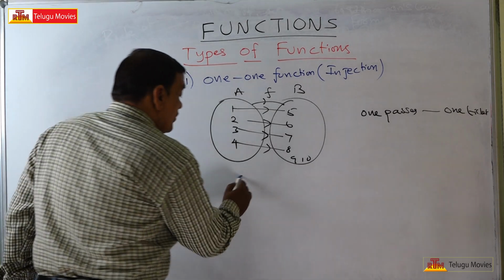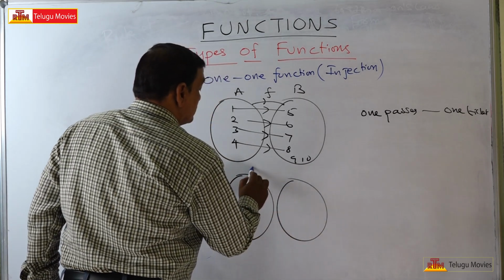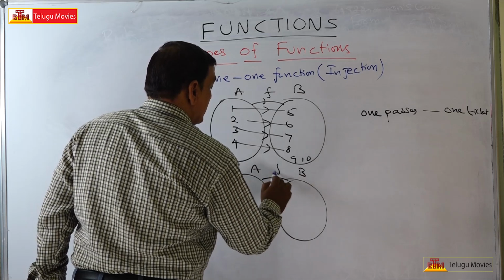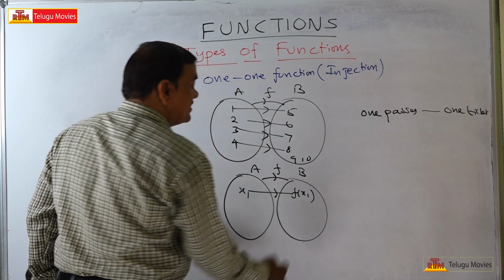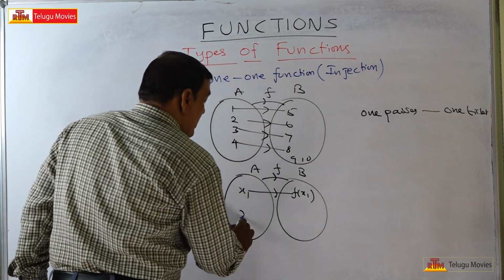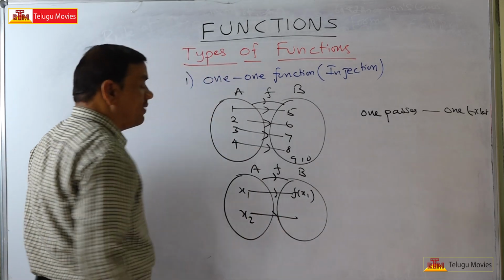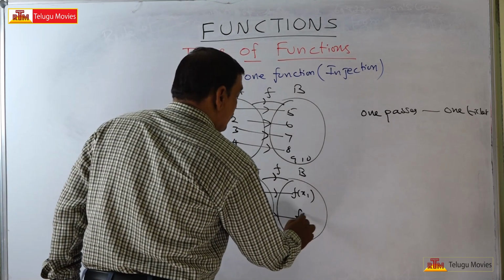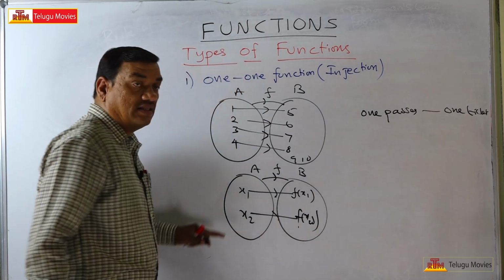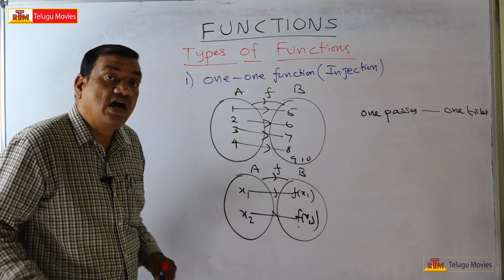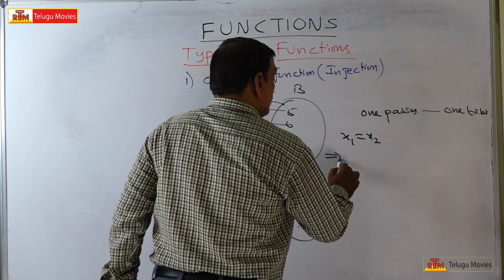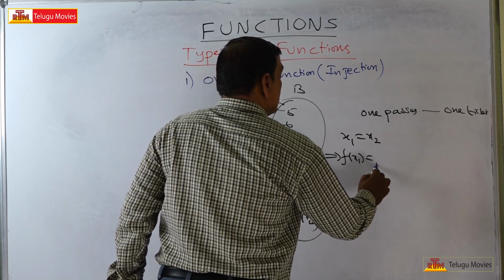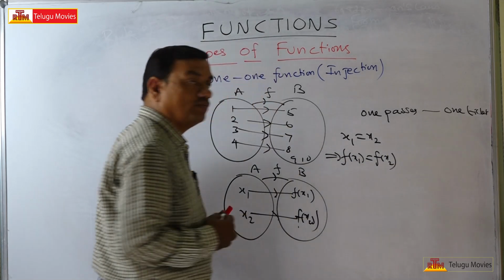Now, if you see it notation-wise: if your element is x1, your image is f of x1. If your element is x2, which is in the domain, your image is f of x2. That means no two elements will have the same image. That means x1 is not equal to x2 implies f of x1 is not equal to f of x2.